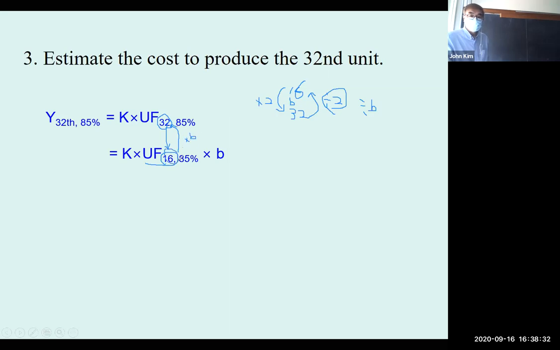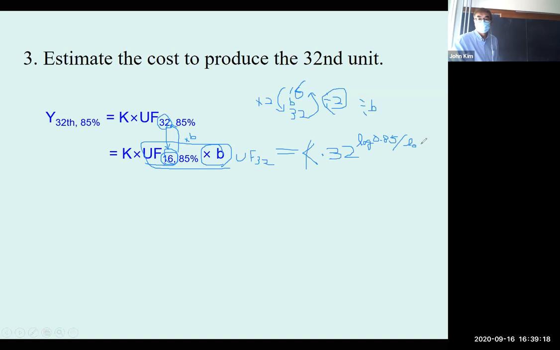So find the 16th and then times b, then this total is unit factor 32. From the arithmetic learning curve concept, or you can use K times, X is 32, and then log 0.85 divided by log 2, the same. Either way.